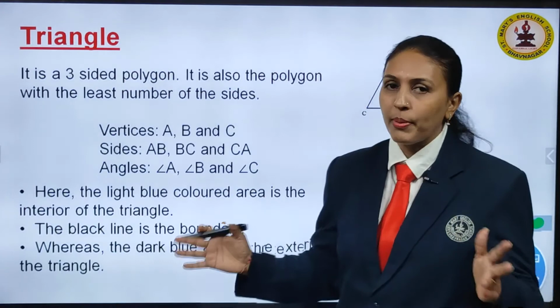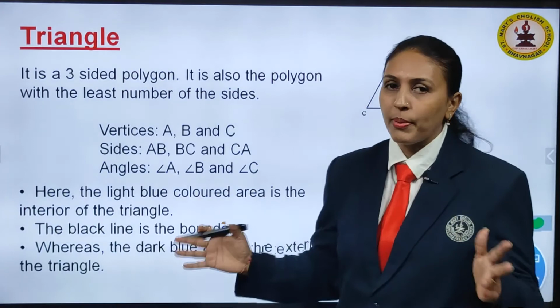So, remember that very well. And you can have many more chords, like this, like this, like this, but the chord necessarily need not pass through the center. It will touch any 2 points on the circle. Hope this chord is clear to you.